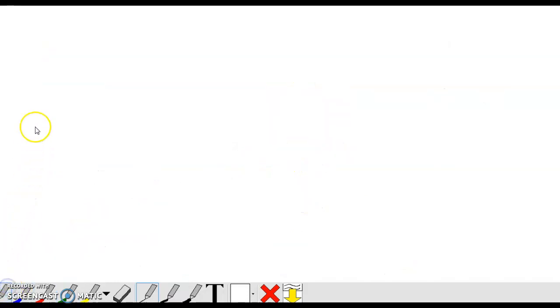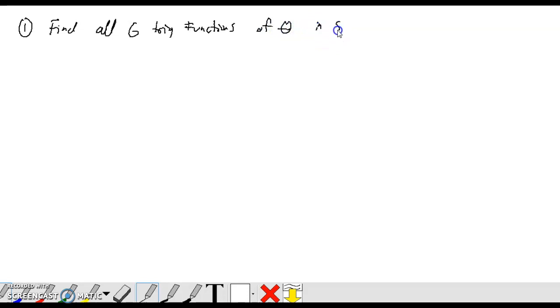Okay, so let's see how these all kind of shake out. So let's try our first example. So we'll call this example number 1. We're going to find all 6 trig functions of theta in standard position that passes through the point (5, 12).